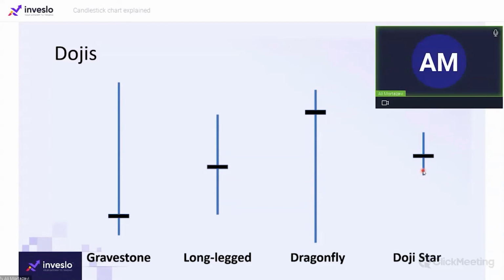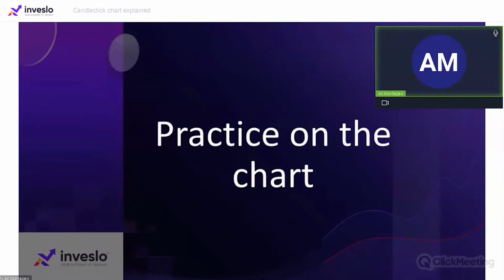We have a lack of participation, and also no strength in one direction to control the market. So these are very popular types of doji stars, but let's practice them on the charts.